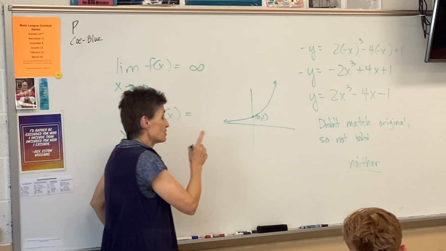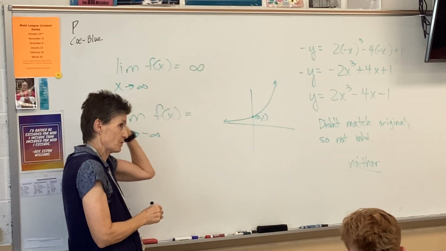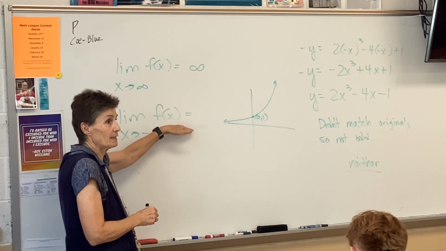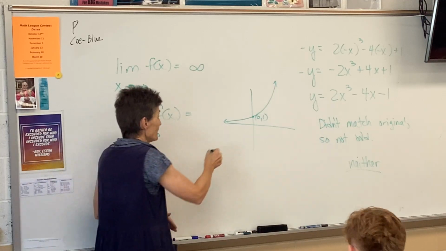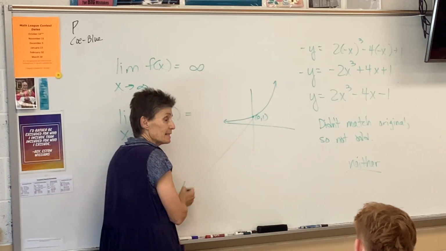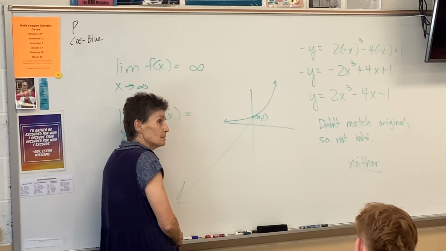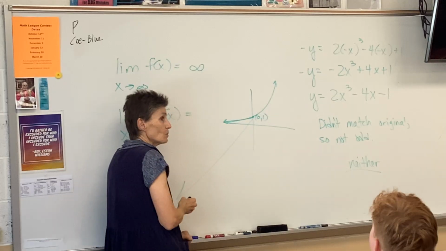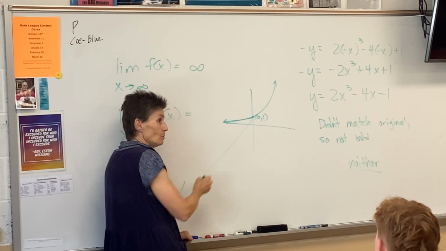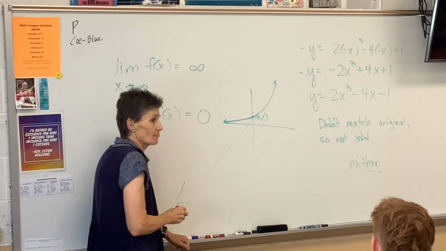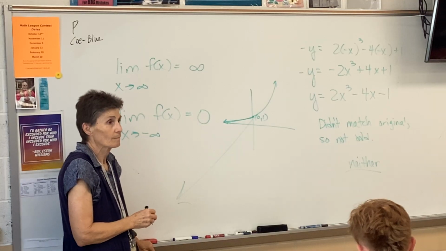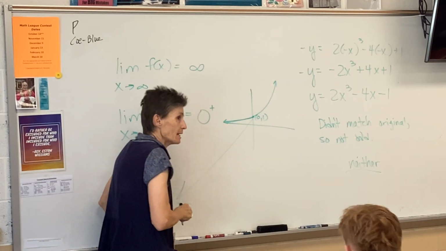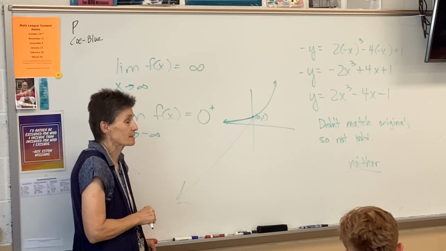Now, what happens to it as we go left off the page? Some of you said negative infinity. Negative infinity would mean it's going down like this. Is that what's happening? No, what is it doing? It's getting closer and closer to 0. And if anyone had put a little plus sign here, I would have given bonus points.